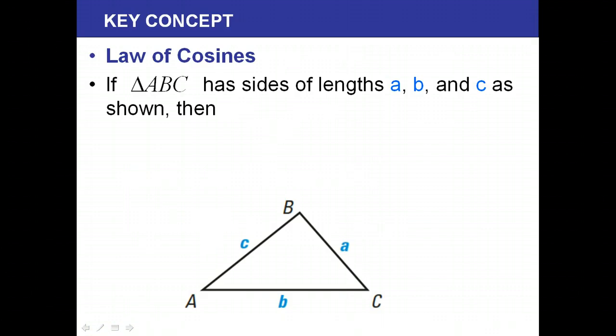Now, the law of cosines. Law of cosines at first may look a little bit more complicated, but I think once you see the pattern, it is not that bad.